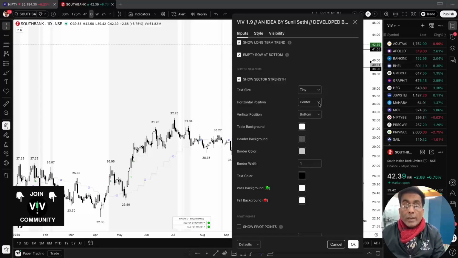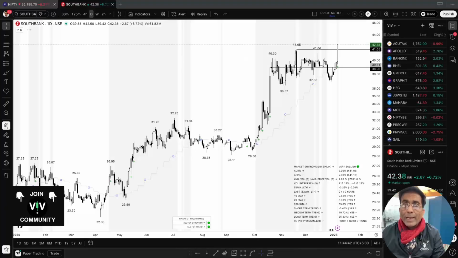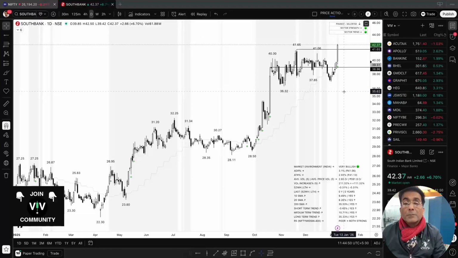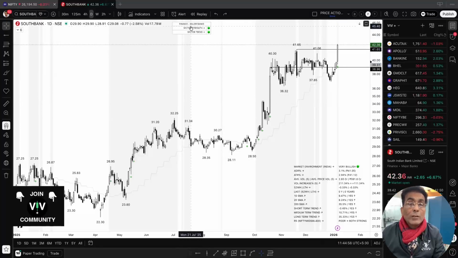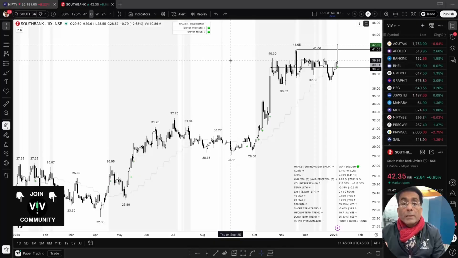By default it shows on the top of the chart, but you can position it wherever you want: top center, bottom center, bottom left, right. For now I have set it on the top.